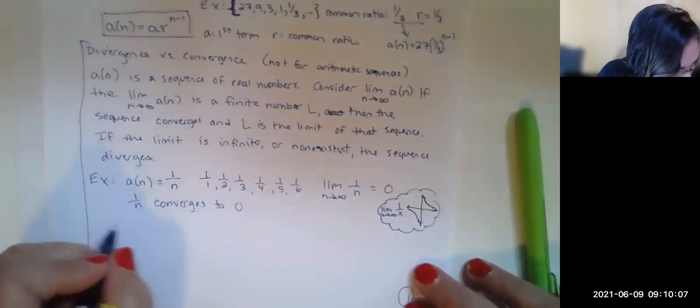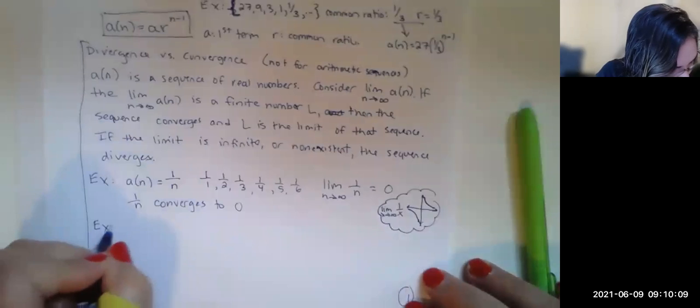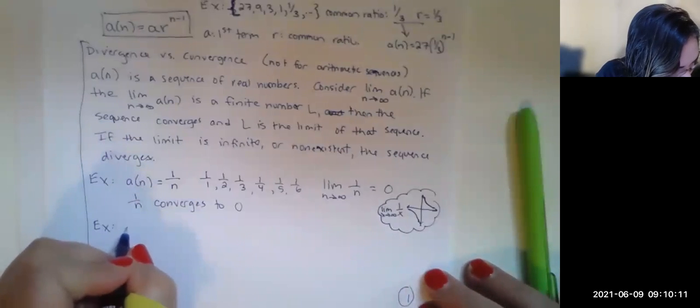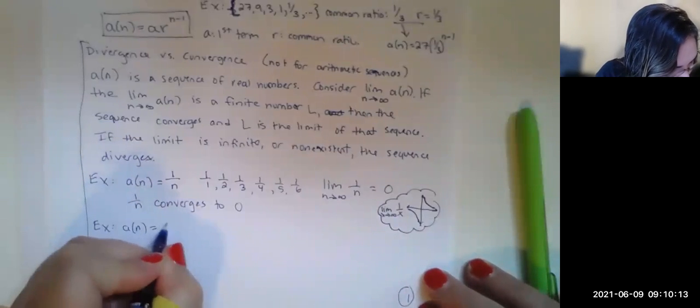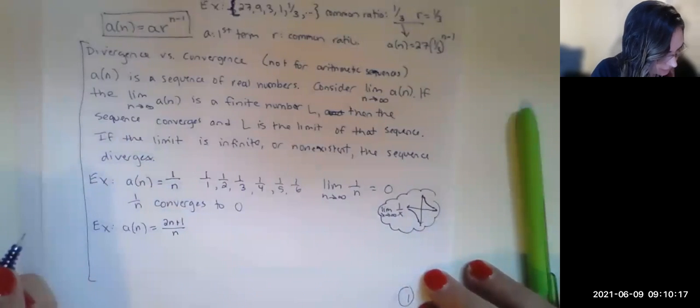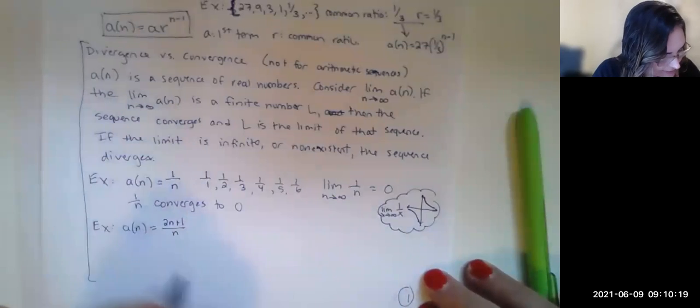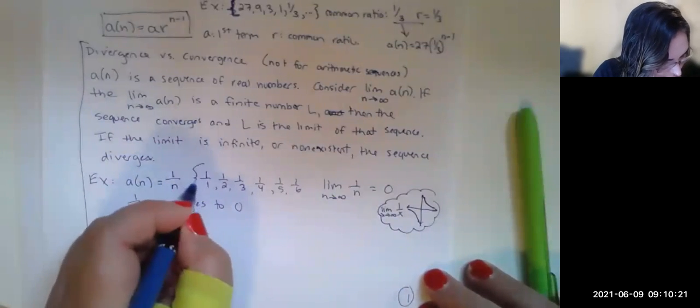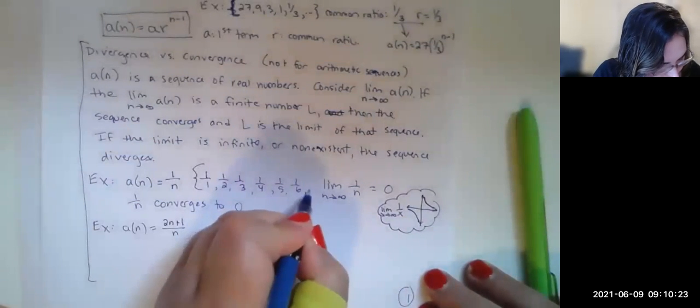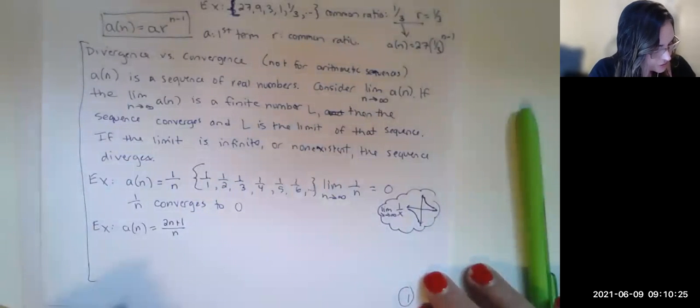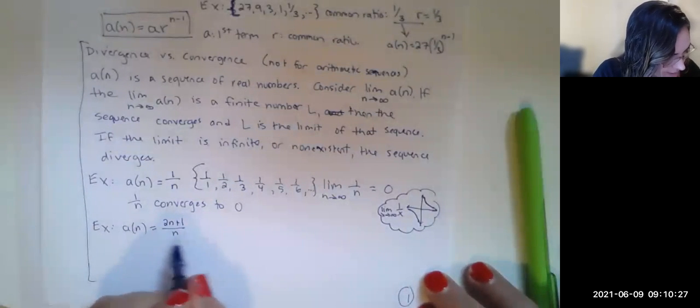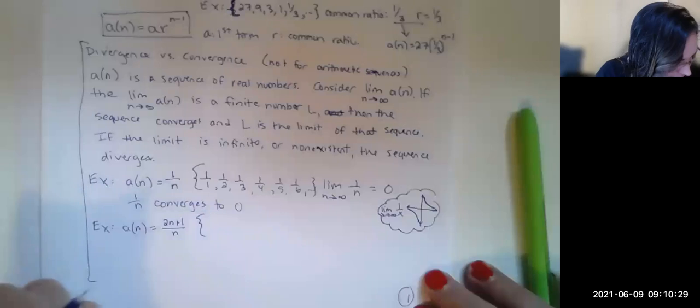Another example, let's say a of n equals 2n plus 1 over n. Sorry, I should have put braces around this. So let's take this sequence here and play it out with some numbers.